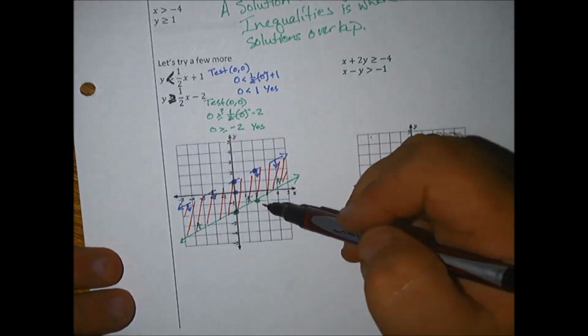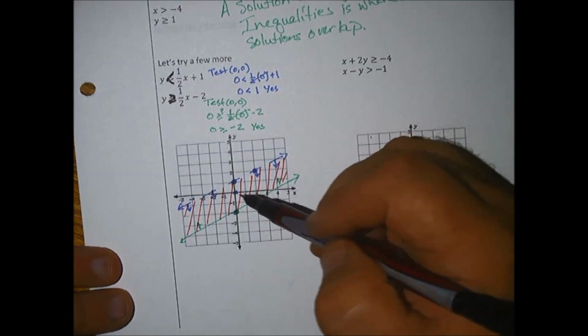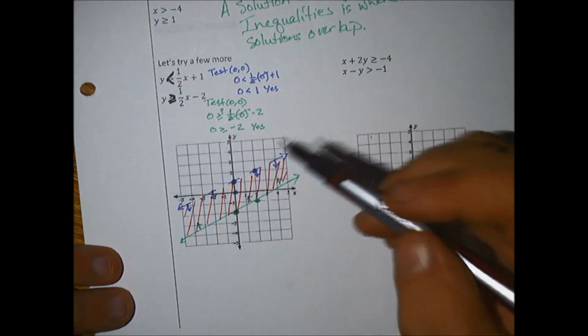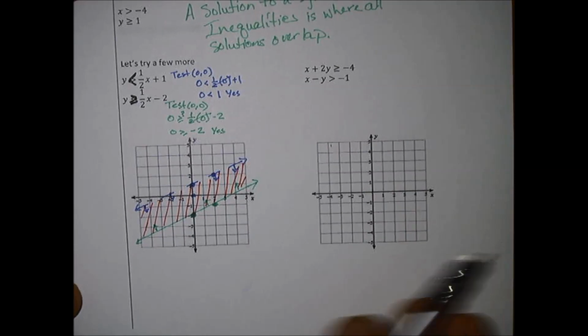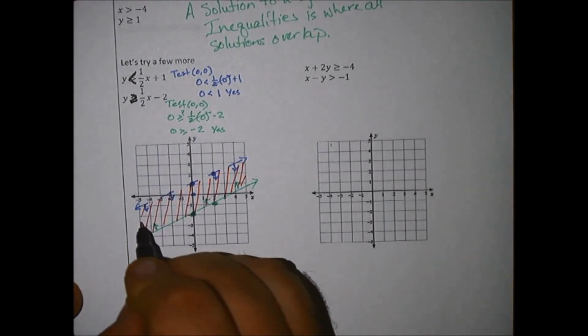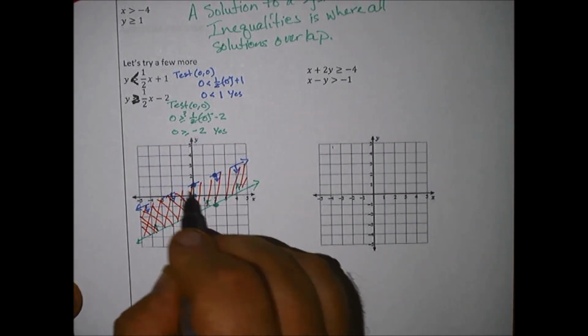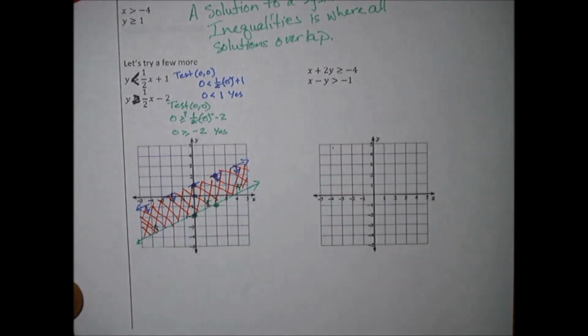There was actually no solution. Okay, if you don't have any overlap, there's no solution. And the only time that's going to happen again is when we have parallel lines and you're shading opposite sides. Okay, these two lines are parallel, and with our change, we actually have a solution. And if you want to, you can kind of shade the other way. And sometimes I think that makes it look a little better, gives a little checkerboard pattern, and it actually shows really clearly where I'm supposed to shade.